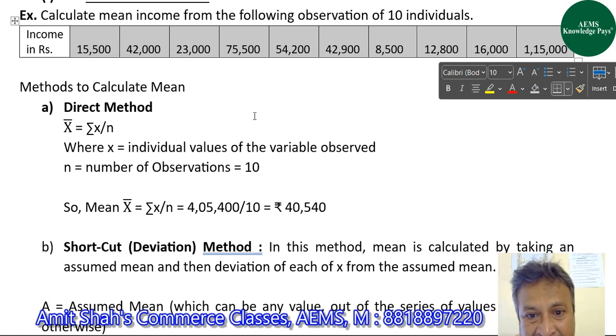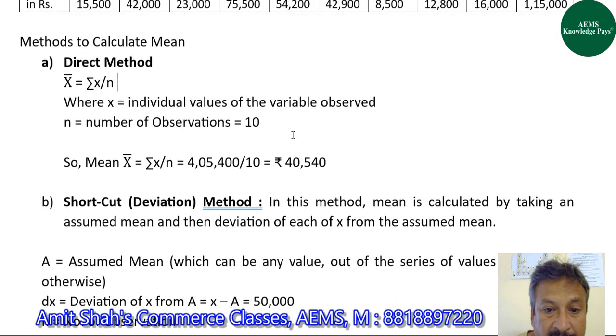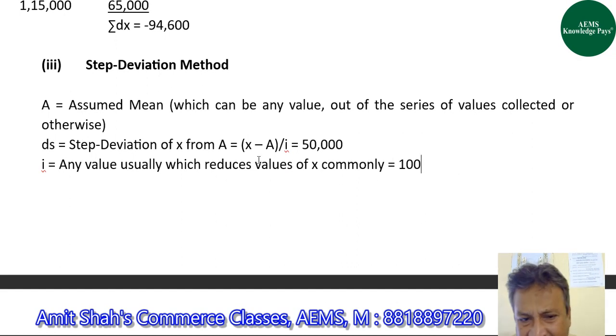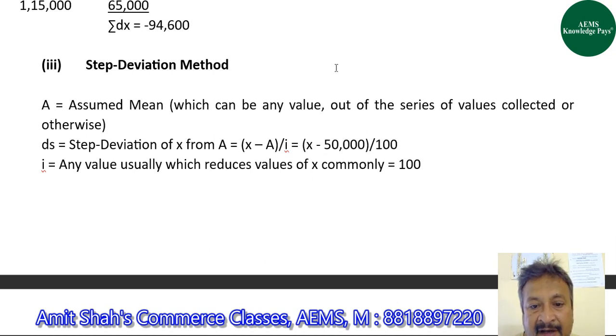So I can take I as 100. Am I clear? So here I am taking I as 100. You can take any value of I, guys. So here it would be x minus 50,000, that is x minus assumed mean, divided by 100, that is I. This is up to you, guys, what value of A and I you want to take. I'm simply giving you an example.